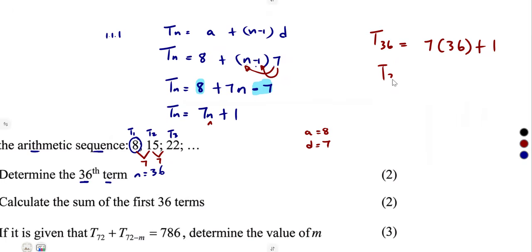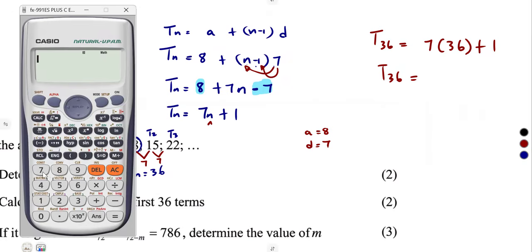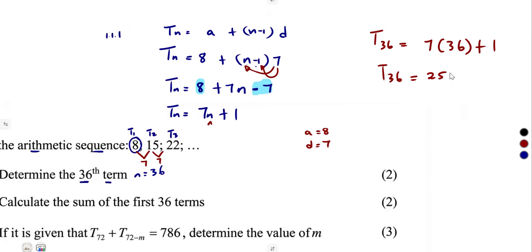All right, so that was it, guys. If you simplify this on your calculator, that is 7, open bracket, 36 plus 1, like this. That is going to give us 253, just like that. So we have this T36.